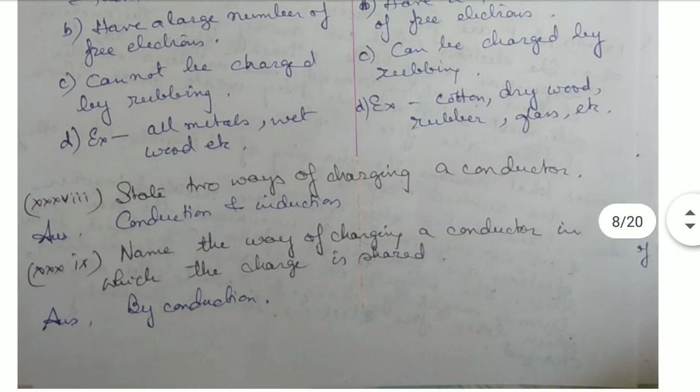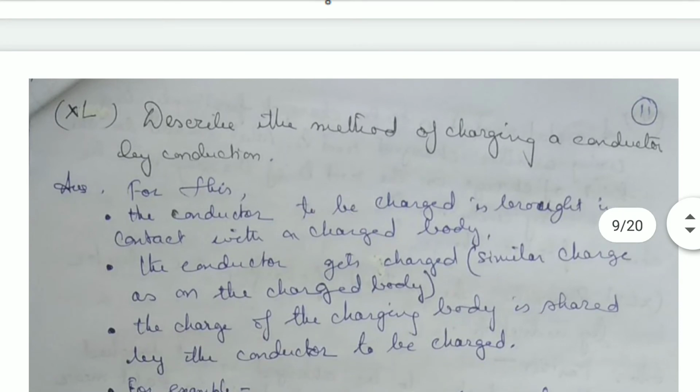Okay. Now, state 2 ways of charging a conductor: conduction and induction. 2 processes are there. Then name the way of charging a conductor in which the charge is shared. That is conduction. Next is to describe the method of charging a conductor by conduction. For this, the conductor which is to be charged is brought in contact with a charged body.